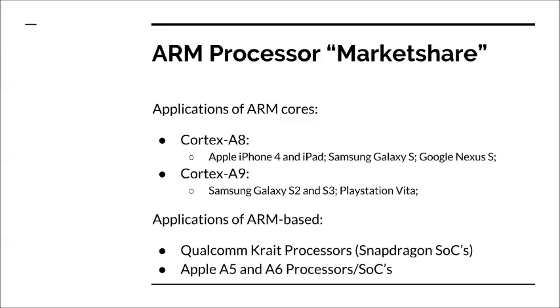ARM meaning you have bought the license for the direct core designs and you just manufacture the Cortex cores yourselves. And being ARM-based, you bought the architectural license and you actually built a CPU around ARM's architecture. There's two ARM architectures. In general, there are a few offshoots, but in general there's ARM v7 and ARM v8.